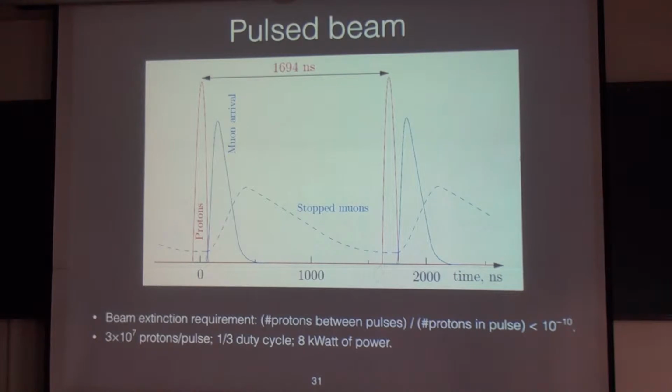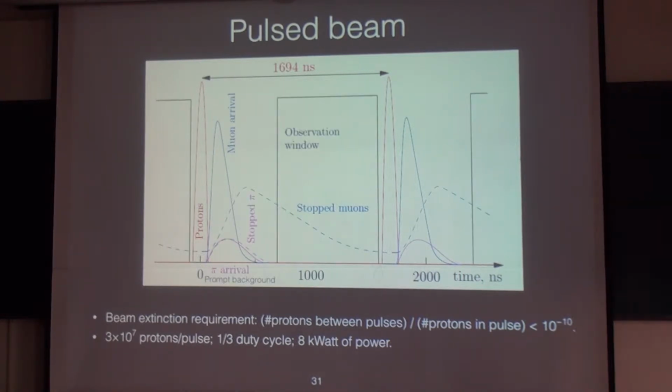When the proton hits the target, it creates a bunch of junk, and then the muon arrives a little bit later, gets stopped in the target, and starts to decay with an 860 nanosecond lifetime.